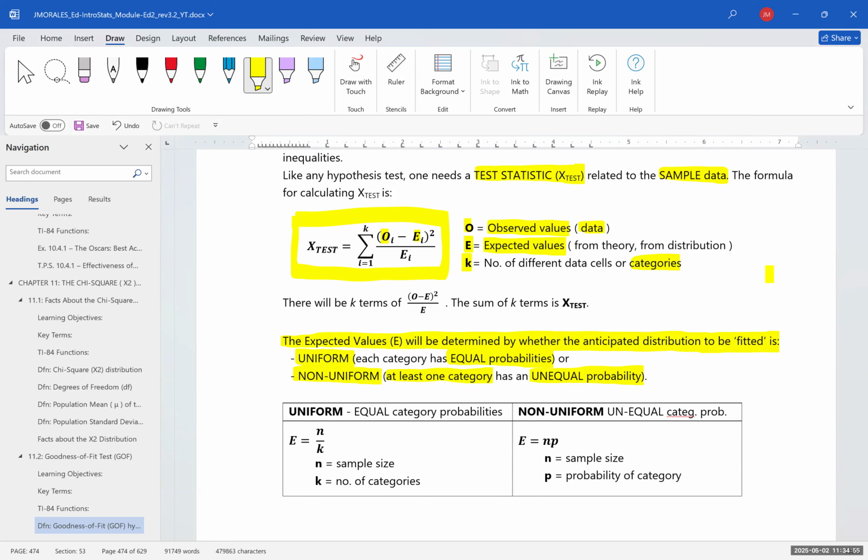Depending on which scenario you're looking at, the expected value will be calculated using this equation, or if it's non-uniform, using that equation. Let me use different colors to differentiate here. Again, you're going to see an example of calculating expected values both ways.